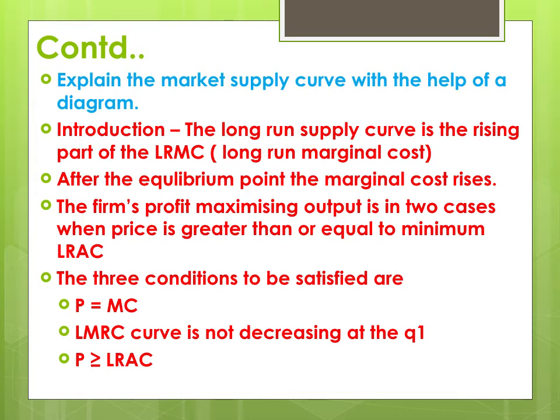The three conditions required to be satisfied are: price must be equal to MC, the LRMC curve should not be decreasing at the quantity, and the price must be greater than or equal to the LRAC. Refer and also provide the graphical representations of the curve of market supply and provide the explanation.